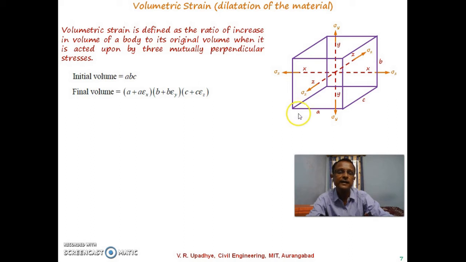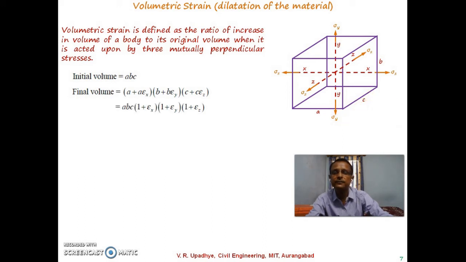So the final dimension will become A plus A into epsilon x. Similarly along the y-axis it will become B plus B into epsilon y, and along the z-axis it will become C plus C into epsilon z.